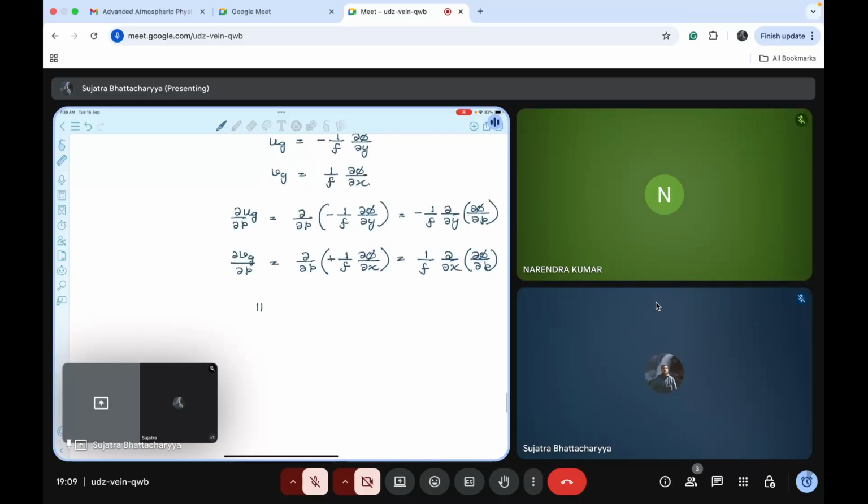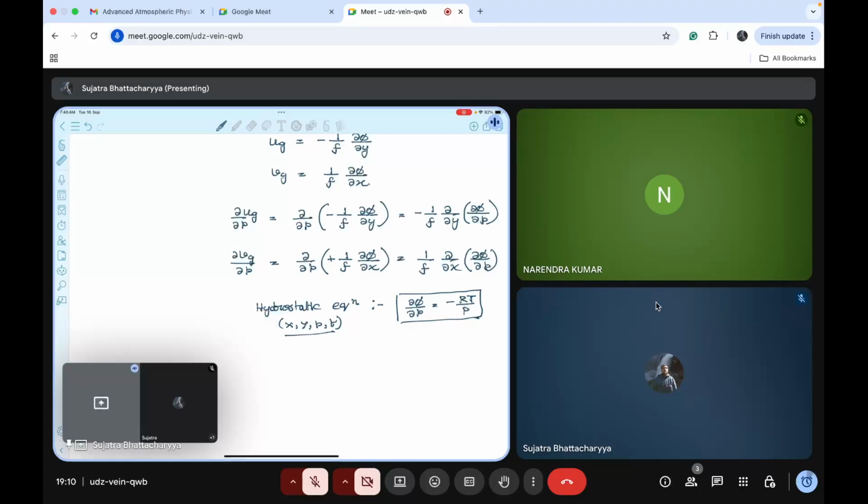Also, the hydrostatic equation: delta phi by delta p is equal to minus RT by p. This is the hydrostatic equation in x, y, p, t coordinate. In x, y, z, t, it is dp dz equal to minus rho g. Look now what we are trying to do.